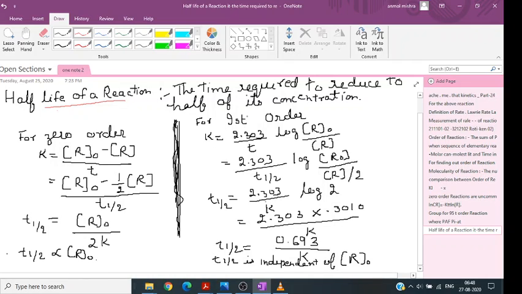So the final concentration R becomes half: R0 minus half R0 by t half. So t half is equal to R0 by 2k. Here you can see that the half-life period in zero order reaction is directly proportional to the initial concentration of the reactant.